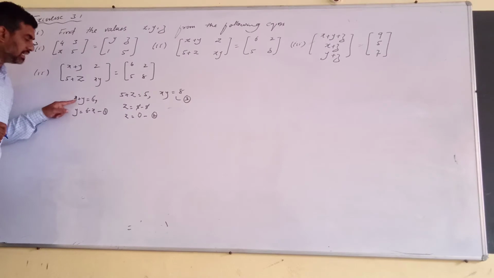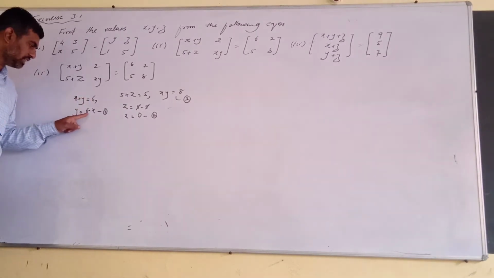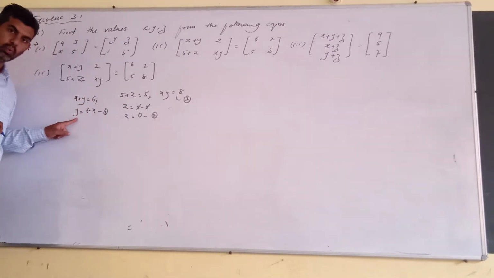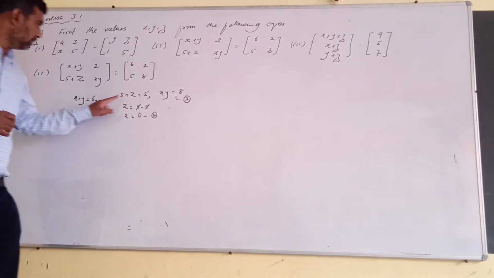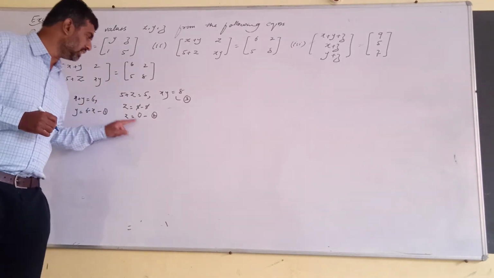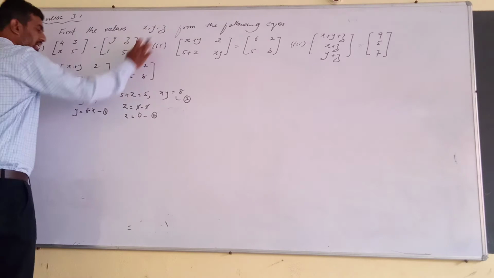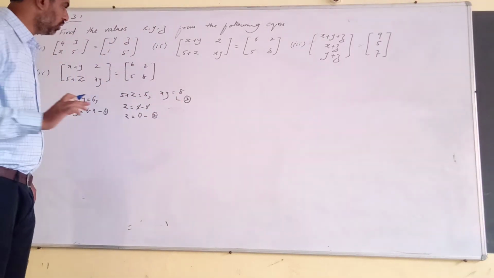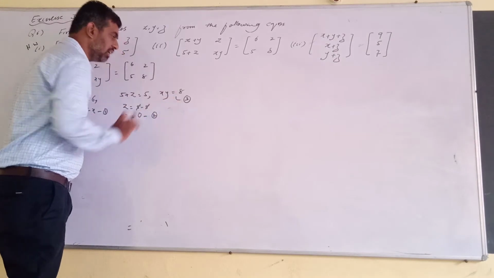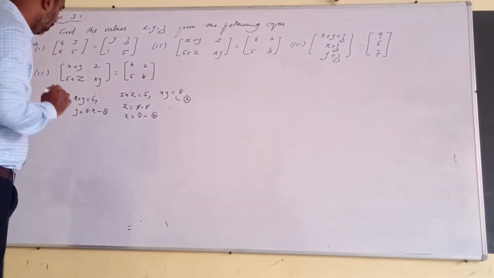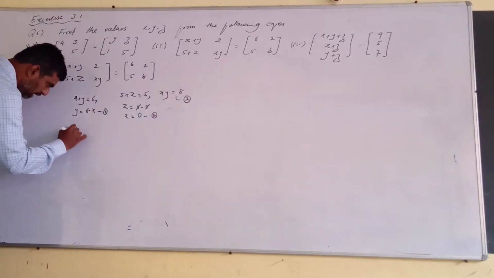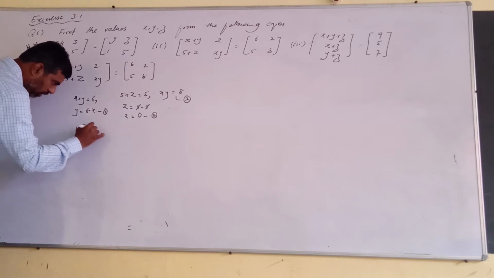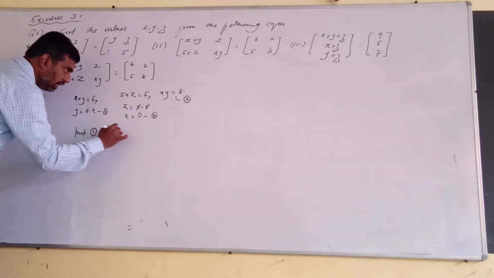Using x plus y is equal to 6, I got the value y is 6 minus x. Using this, I got the z value: z is equal to 0. Now x y is equal to 8, it is not possible to find directly, so I will keep that as equation number 3. Now put equation 1 in equation 3.